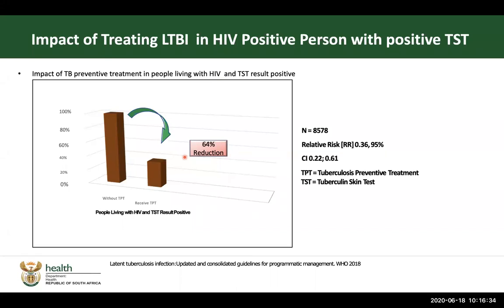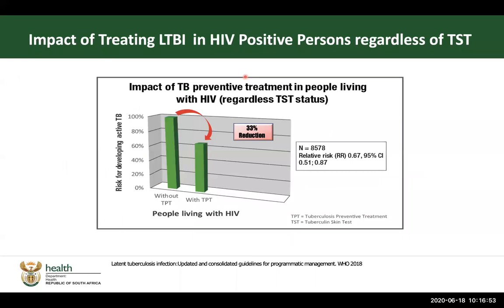So this was very significant, and we have known for years that the impact of TB preventative therapy is highest in people who have a confirmed latent TB infection as evidenced by the TSTs.